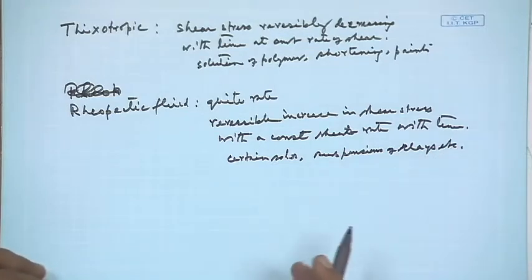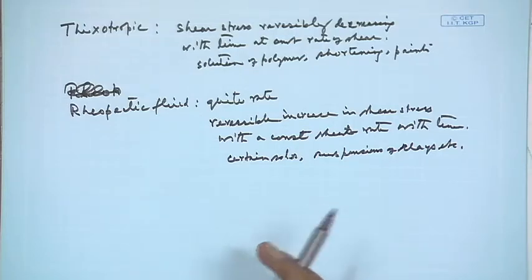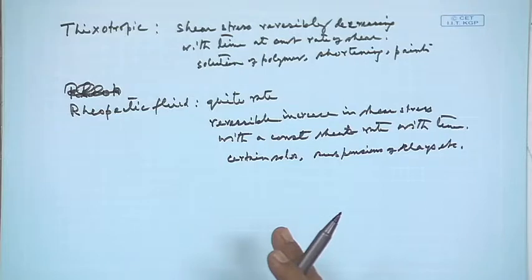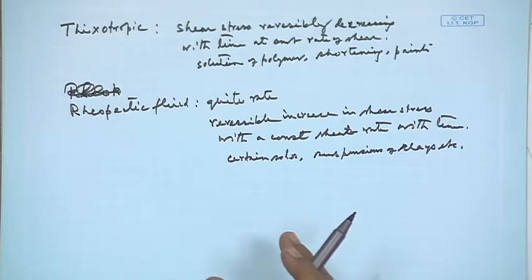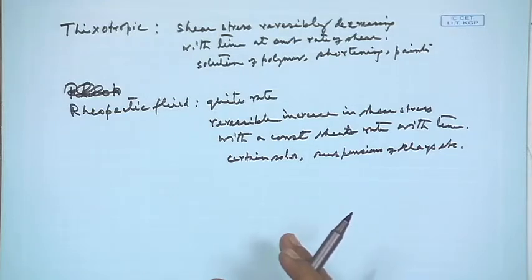So, in one case, for a given shear rate, shear stress is reversibly increasing with time, and in the other case, for a given shear rate, the shear stress is reversibly decreasing. Both are very rare occurrences in nature, but still there. We have given examples: certain polymeric solutions or shortenings, or certain sols.